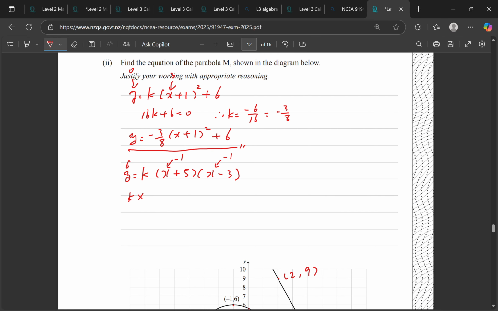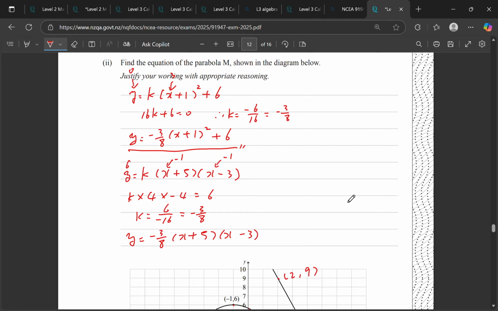So k times (minus 1 plus 5, which is 4) and times (minus 4) equals 6. So k is 6 over minus 16, so it's again minus 3 over 8. So in that case, y equals minus 3 over 8 times (x plus 5)(x minus 3).